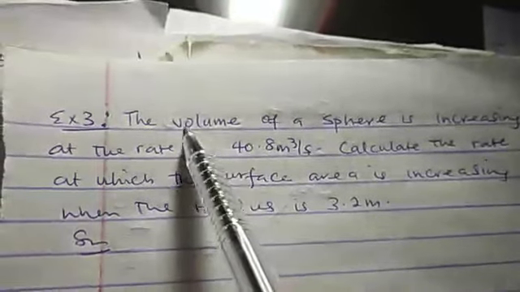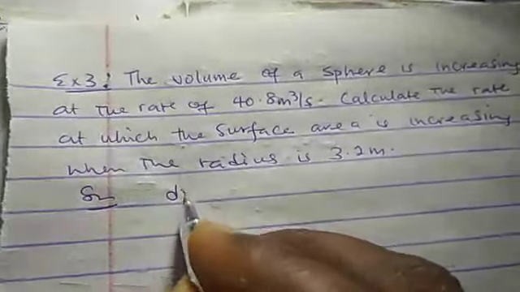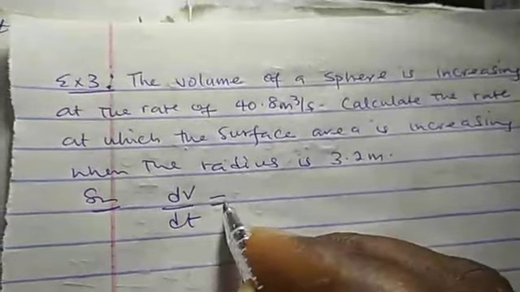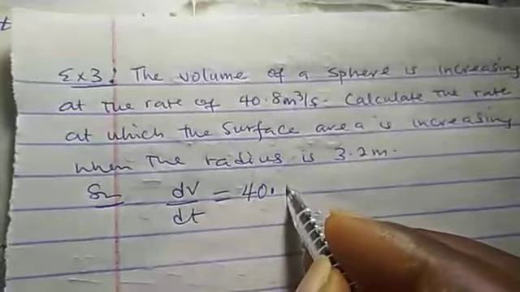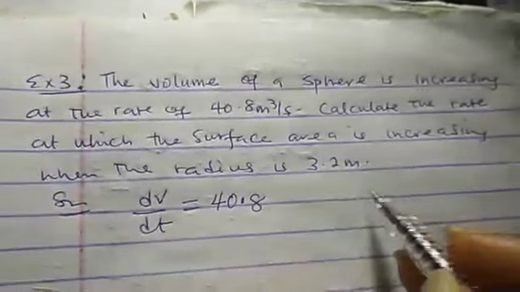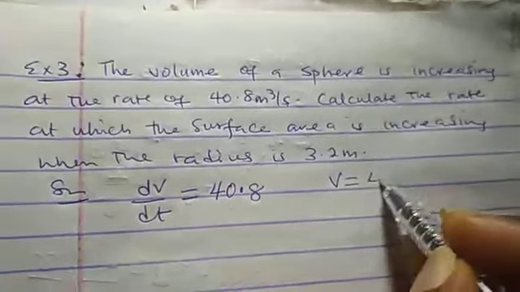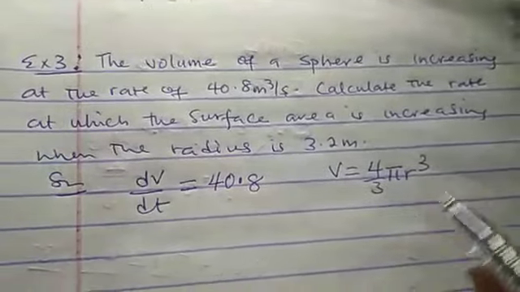Now let us first deal with this statement. The volume is increasing at a rate, that is dV/dt, volume of a sphere. So dV/dt is given as 40.8. But we know that the volume of a sphere is 4/3 πr cube.